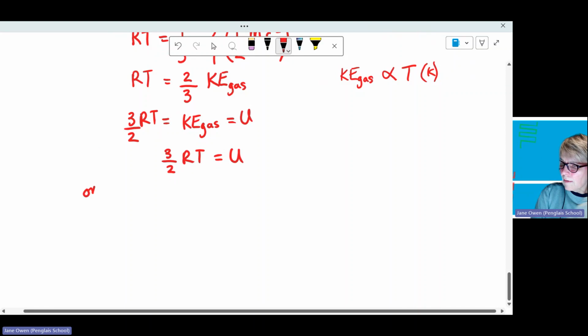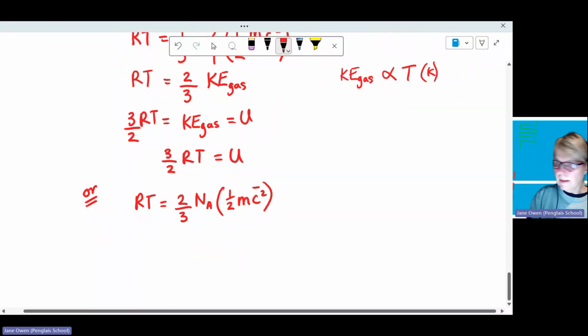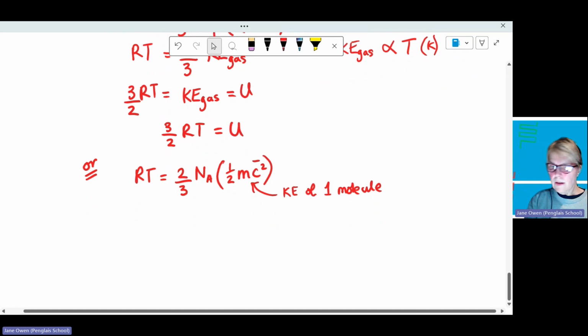Let's go back to this one here: RT equals 2/3 times Na, Avogadro's number, times a half mc squared. This would be the kinetic energy of one molecule, and Na is the total number of particles in 1 mole of gas. So we can look at it like that.